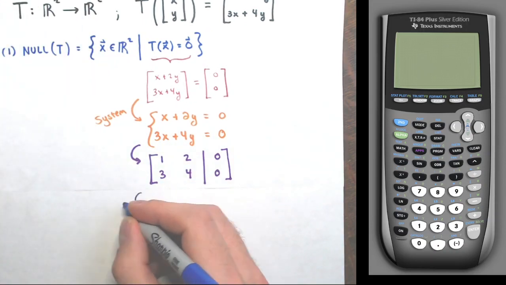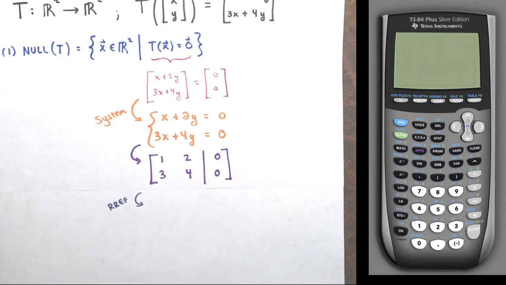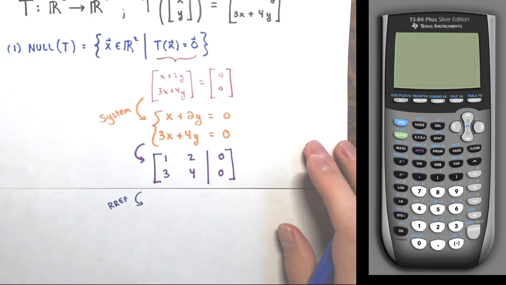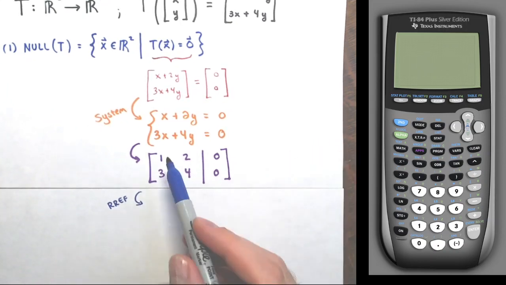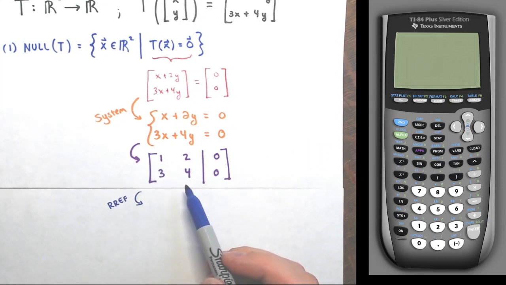Alright, put this matrix into reduced row echelon form, and there are only 2 rows here, so I could do this pretty easily by hand. Now, I'm not going to write out the operations; I'll just tell you right now.